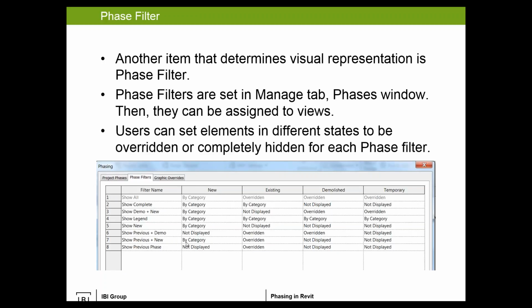So show previous plus new is the ideal candidate for this one, because it's hiding the demolished items and the temporary items, but it's showing me the new construction items as they would seem regularly, and it's showing me the existing in the grayed out graphical style that I displayed at the beginning.